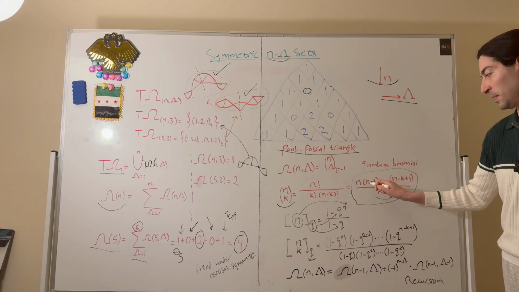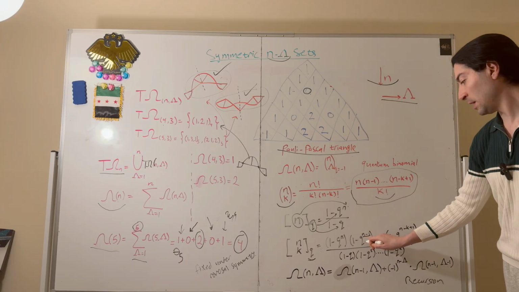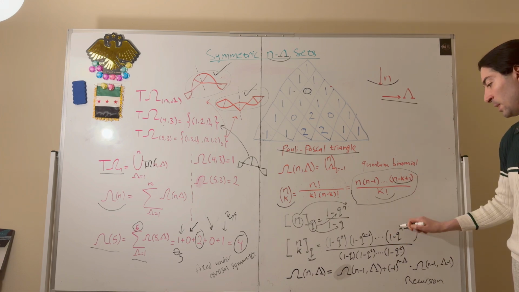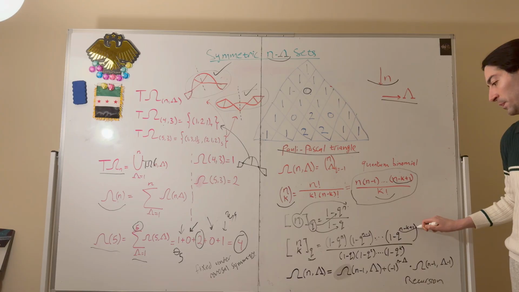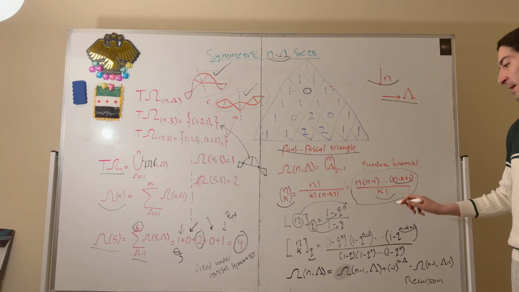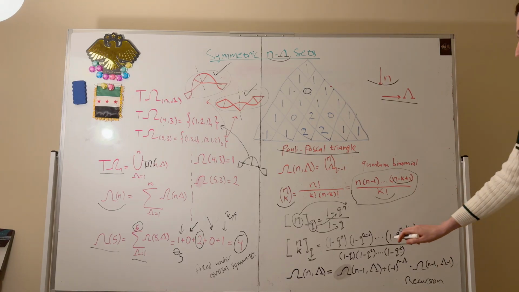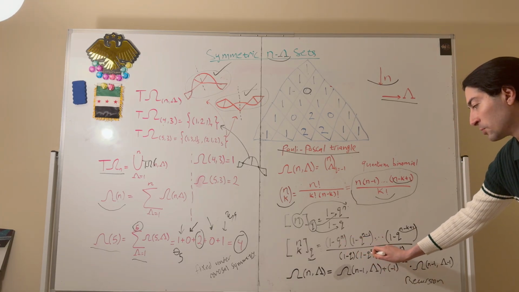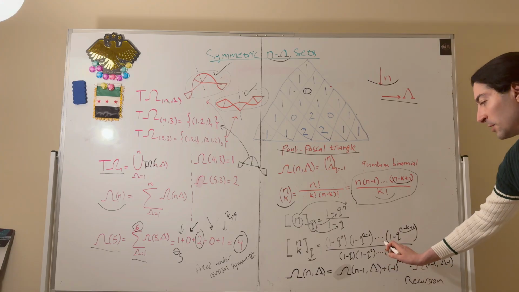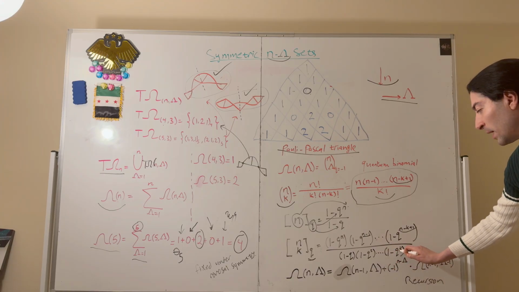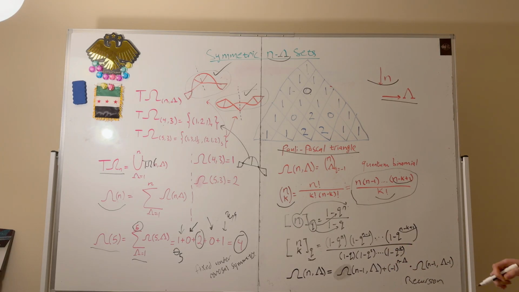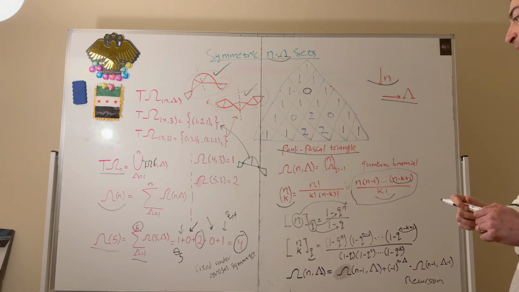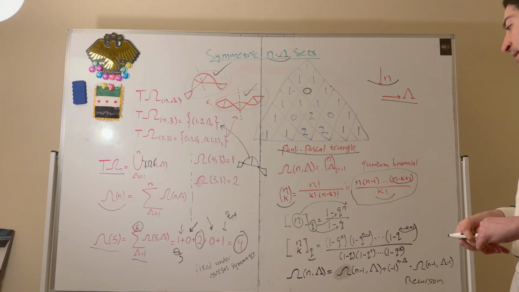As you can see, the similarity here with this expansion, all the way to 1 minus q to the n minus k plus 1, divided by, instead of the k factorial, 1 minus q times 1 minus q squared times 1 minus q cubed, all the way to 1 minus q to the k. So we define this type of binomial expansion as a q expansion or a quantum expansion.